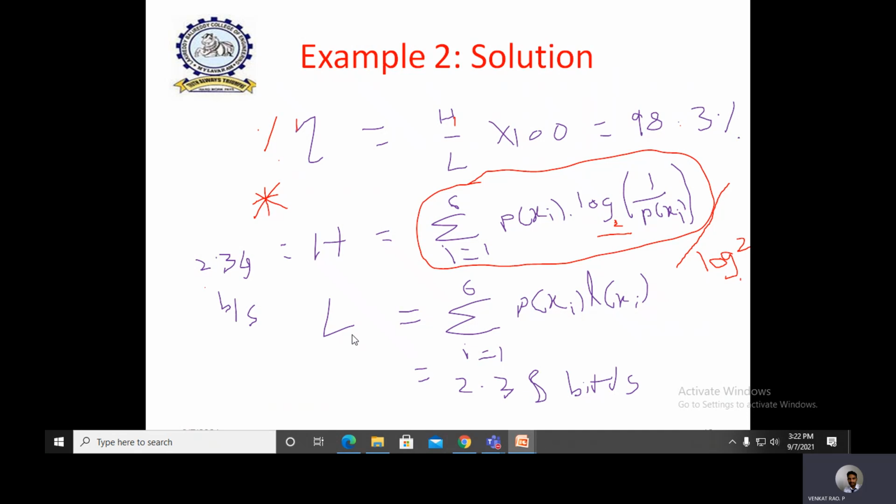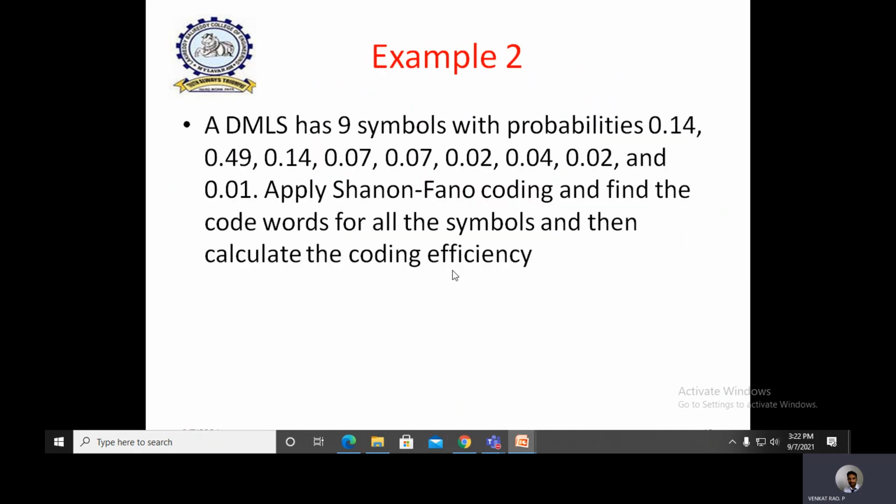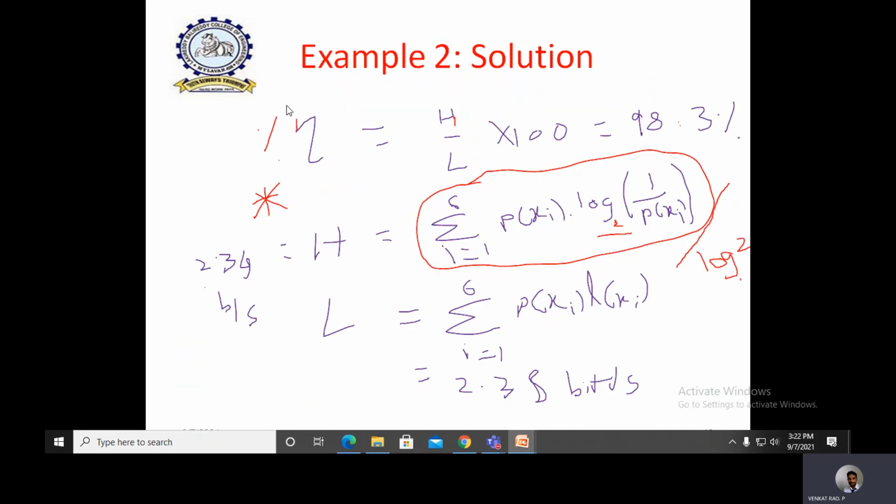Like that, if you calculate H and L, that is entropy and average code word length, then there is a formula for coding efficiency. The coding efficiency is represented with the letter eta. Percentage of coding efficiency is equal to H by L into 100.